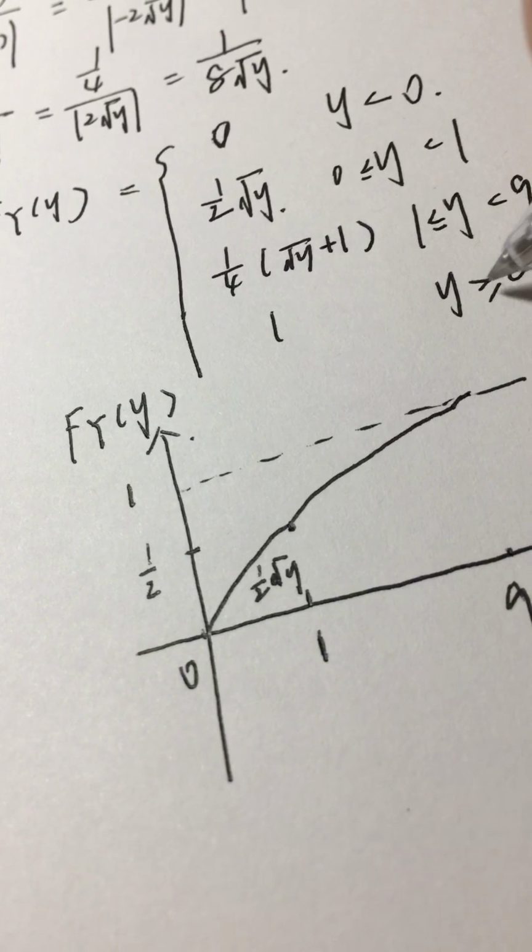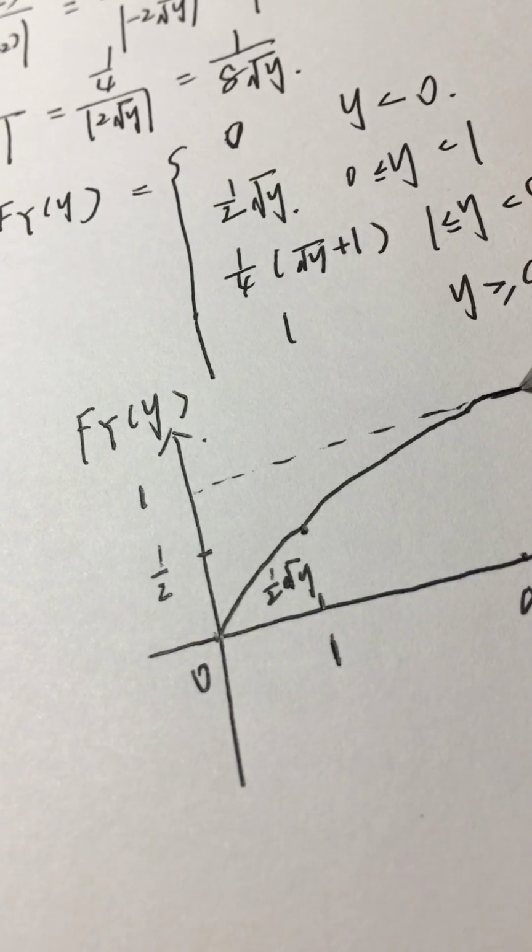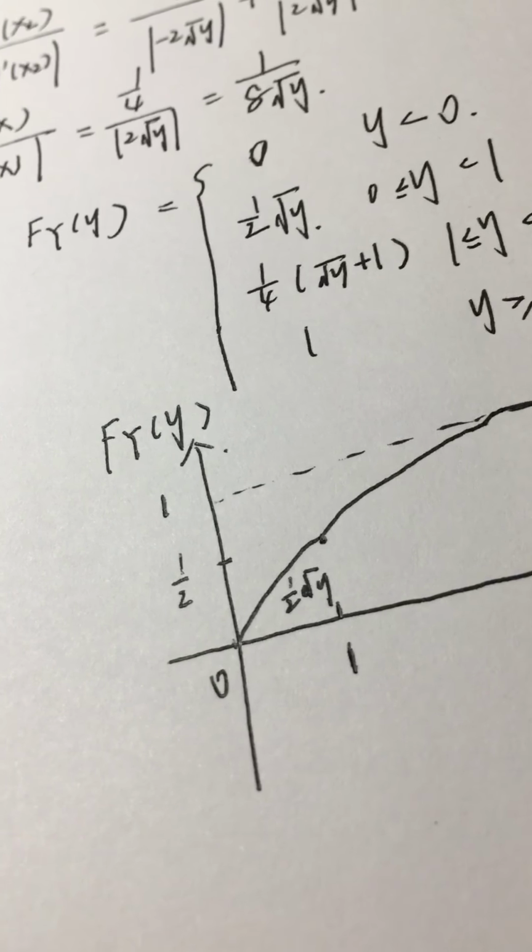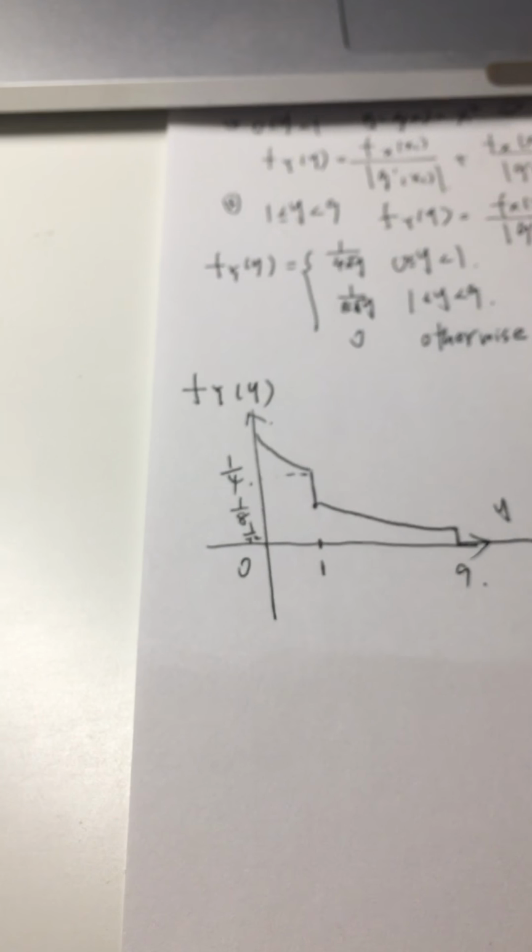When y is greater than 9, Fy of y is 1. So these are the two pictures.